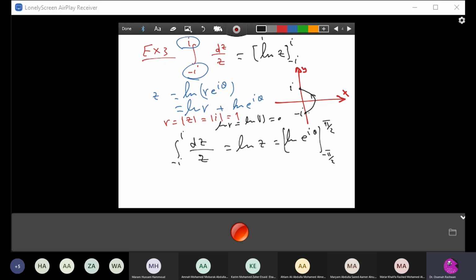But if you go anti-clockwise, it's better to have the positive one, so instead of minus pi over 2, you take 3 pi over 2 and substitute, minus ln e to the i 3 pi over 2. Also, if you go to the other side, you will go from pi over 2 to 3 pi over 2, right?